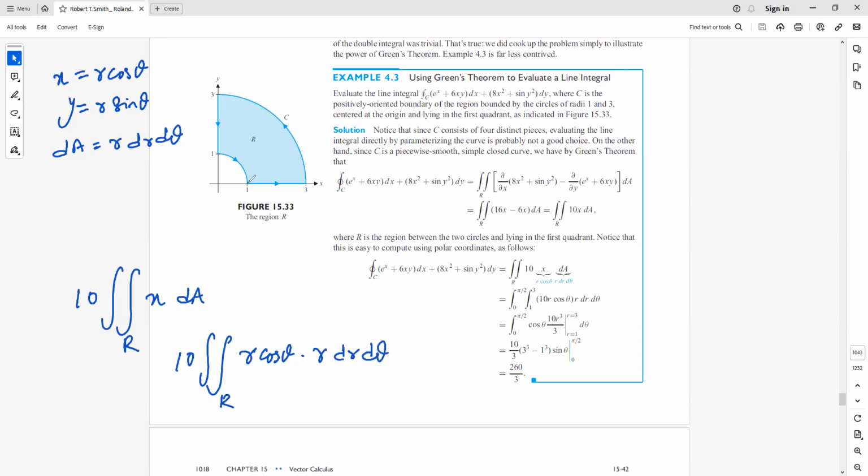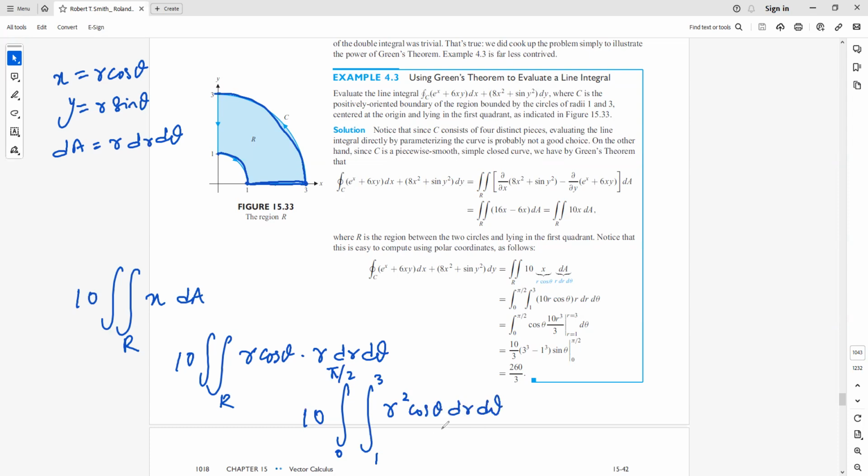Now the limits of r are from 1 to 3, and theta goes from 0 to pi over 2, because it is going up to the y-axis. So it's the integral of r squared cos theta dr d theta.